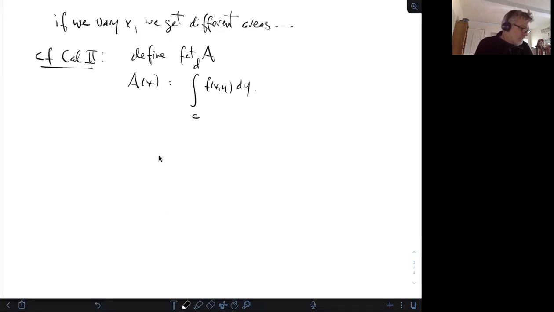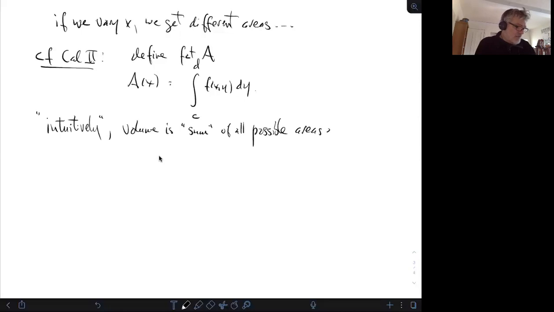Intuitively, and that's with big quotes here, the volume is the sum of all possible areas of slices.